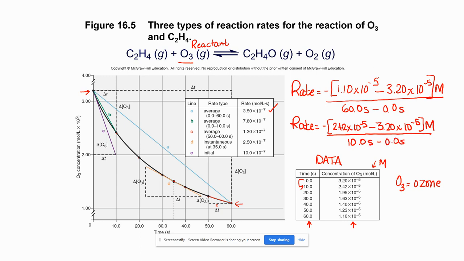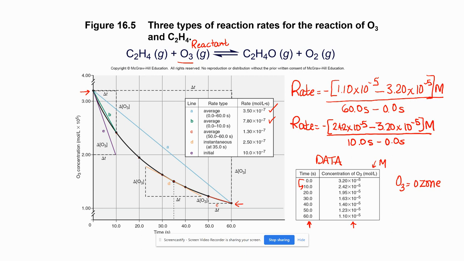We should get the second number. Hopefully you're getting the point that the average rate will depend upon the interval of time that we're looking at, and it can vary depending on the time interval.